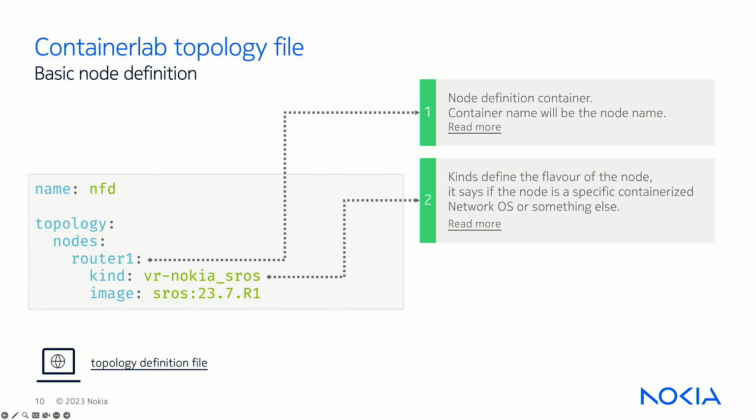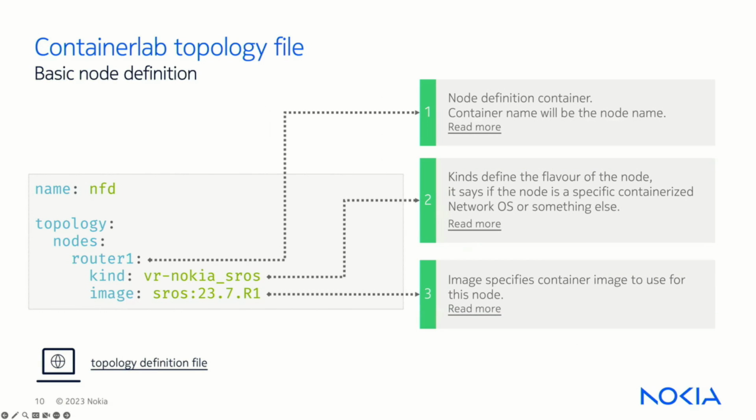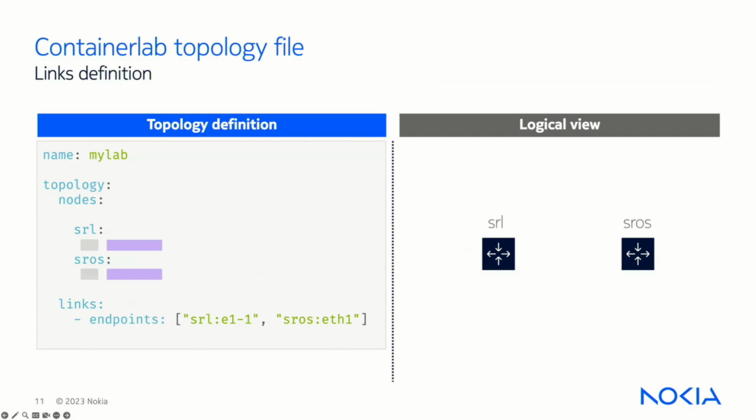So that's your way to say, is it a Nokia SROS, or maybe it's a Juniper vMX, or maybe it's Arista cEOS. That's your way to tell Containerlab which node you want to run. And lastly, but probably the most important one, is the container image that Containerlab will use to spin this node up from, right? That is the container image that you have to have on your machine, or you have to pull it from the internet if it's a public image.